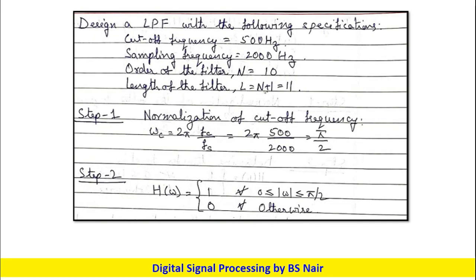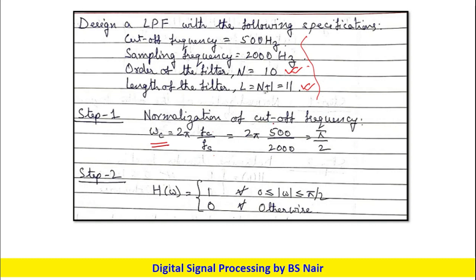Another type of example you will be getting is this: cutoff frequency equal to 500 hertz, sampling frequency equals 2000 hertz, order of the filter is 10, length of the filter is 11. Now we have learned in a different way. Over here we have to calculate omega c, which is equal to 2 pi fc by fs.